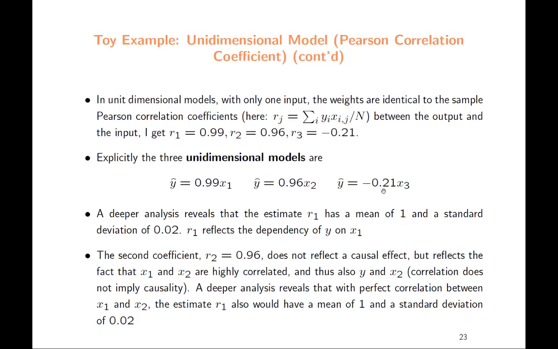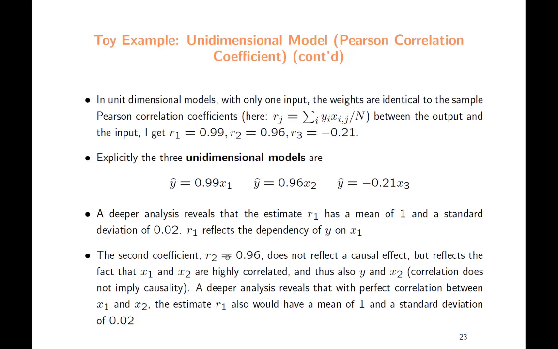We can do a little bit deeper analysis. If you want, it's in the appendix, but you don't need to understand. So the mean of this is correct, it is 1, and the standard deviation is 0.02. So this reflects the true dependency. The second coefficient would also have a mean of 1 and a standard deviation of 0.02.